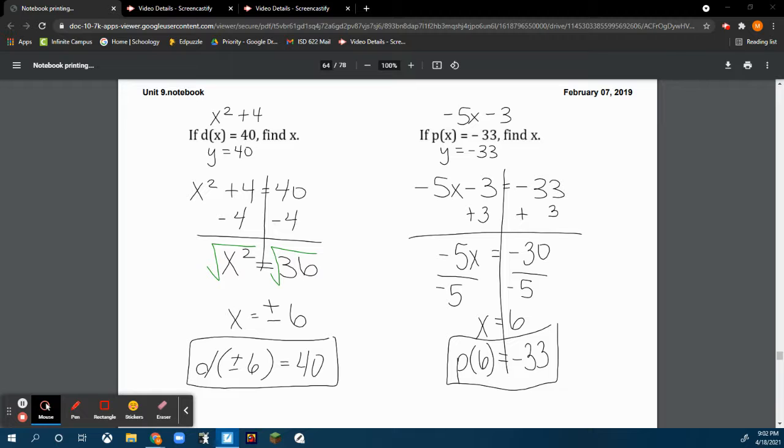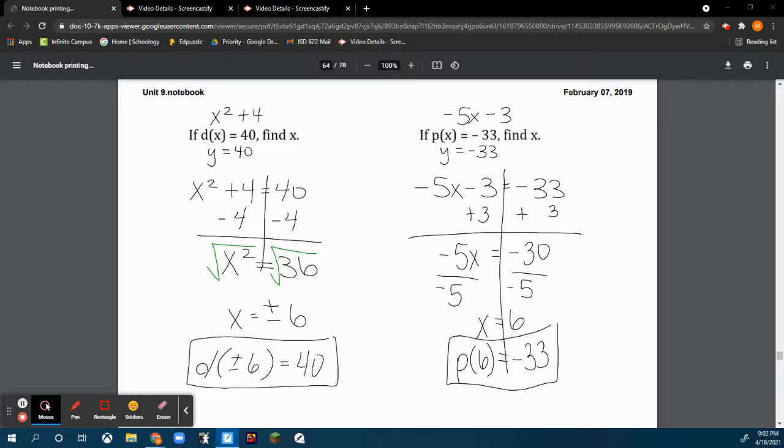Let's make this one x squared plus 4, and p of x, let's make that negative 5x minus 3. Okay, so d of x equals 40. Well, if d of x equals 40, that means we're going to replace d of x with 40, and that equals x squared plus 4.